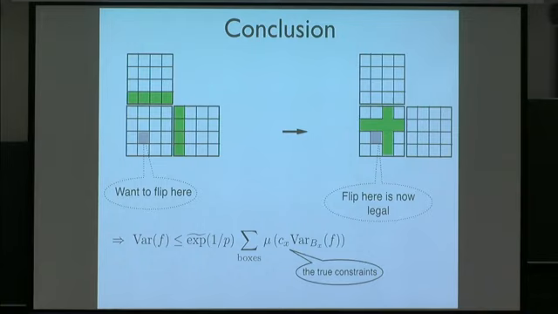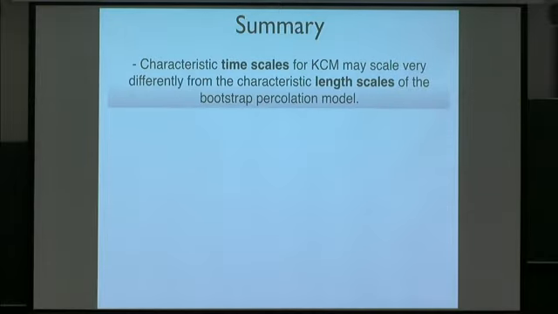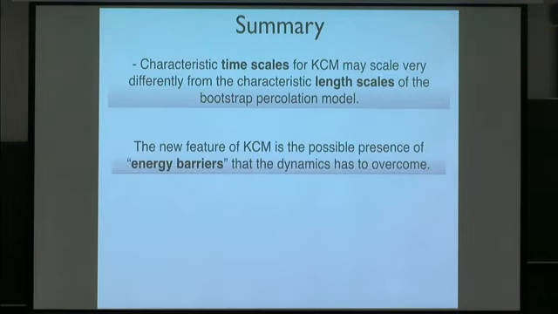So the goal, of course, is to do this for any critical alpha-rooted system, but the method seems to be quite robust. The summary is the following: the characteristic time scale for KCM may scale very differently from the corresponding length scale for the Bootstrap model. And the new feature of KCM, something that Bootstrap process cannot detect, is the possible presence of energy barriers.